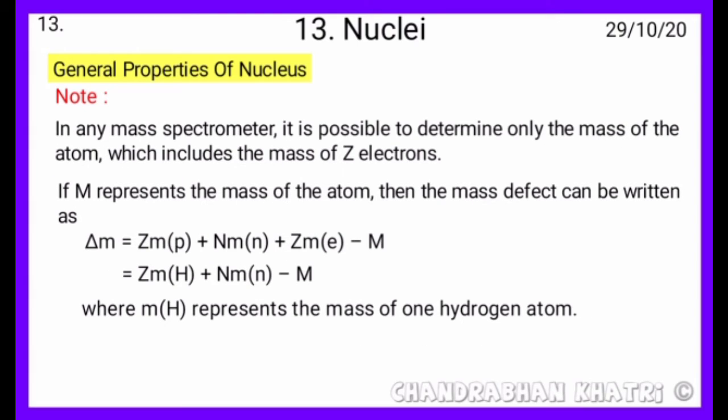Note: in any mass spectrometer, it is possible to determine only the mass of the atom, which includes the mass of electrons.